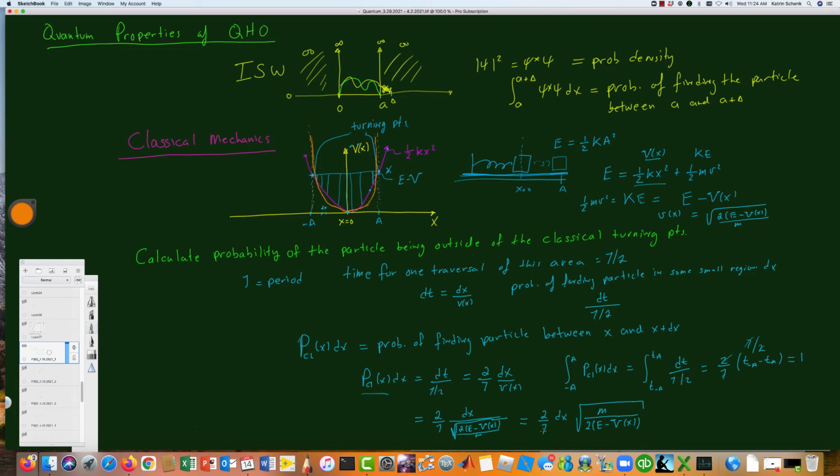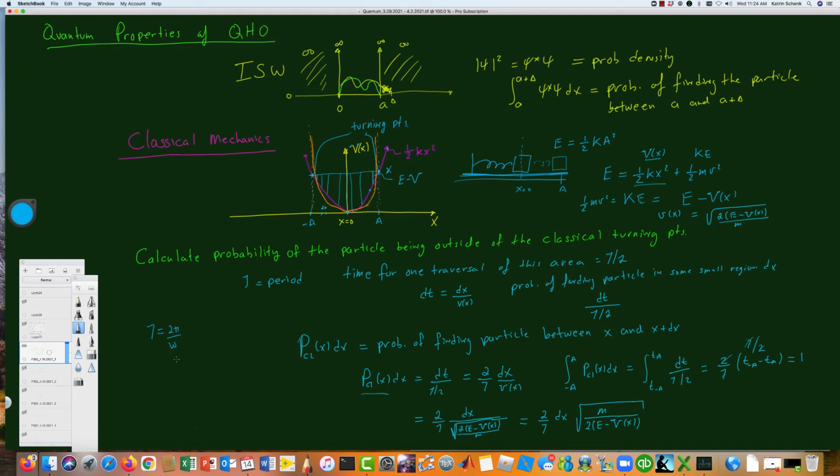So for instance, we have tau, the period. Remember that tau is equal to 2 pi over omega.